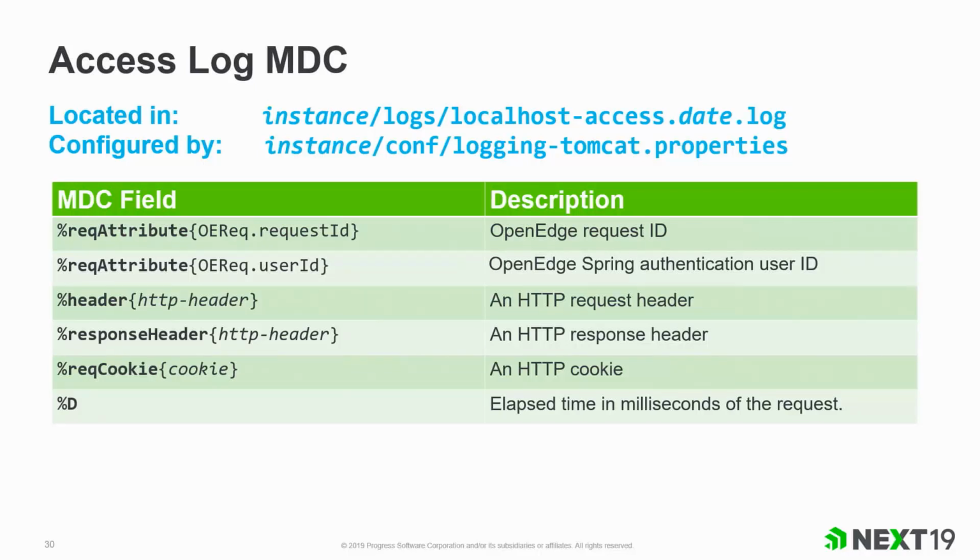So you've got that template that determines what the log message is going to look like. You can add these substitution parameters that have really important information. Like, for example, you can add an OpenEdge request ID. So this request ID is new for 12.0, and I'll show you what that looks like. Very, very valuable.